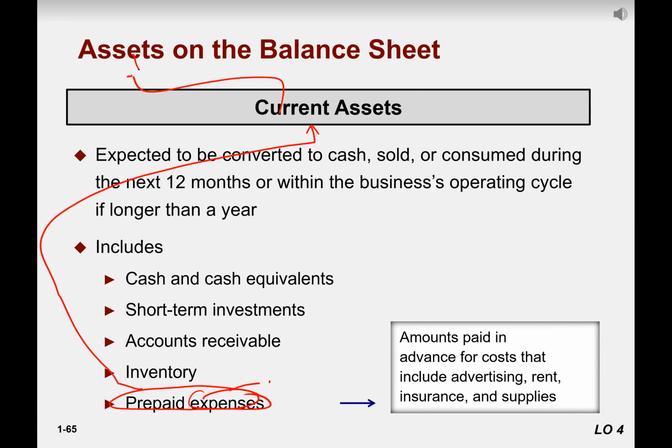For example, in the case of insurance, supplies, like staplers, screws, hammer, glue, your office stationery. These are supplies, right, guys? You purchase in advance and when you start consuming, that consumption becomes your expense.